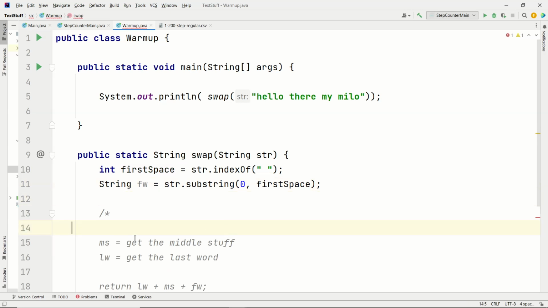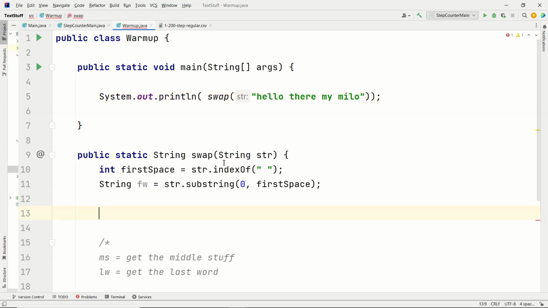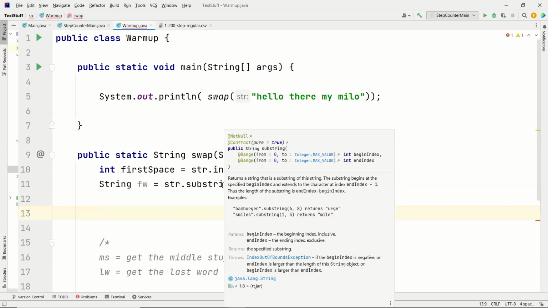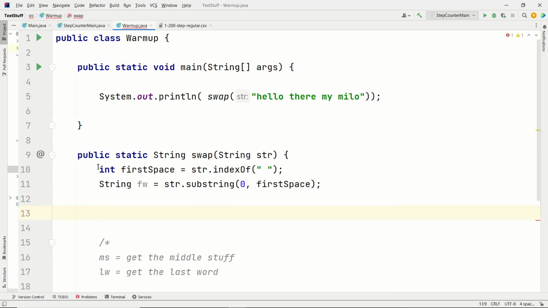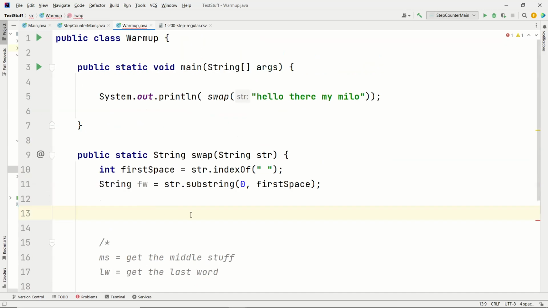Middle stuff. Well, let's see. If I knew the index of the last space, I could get the middle stuff. Same thing for the last word. So I've got a new goal: to find the index of the last space. I can't think of an easy one or two line solution for this, so I'm going to make a method to give me what I want so that the solution strategy of my original method is still clear.